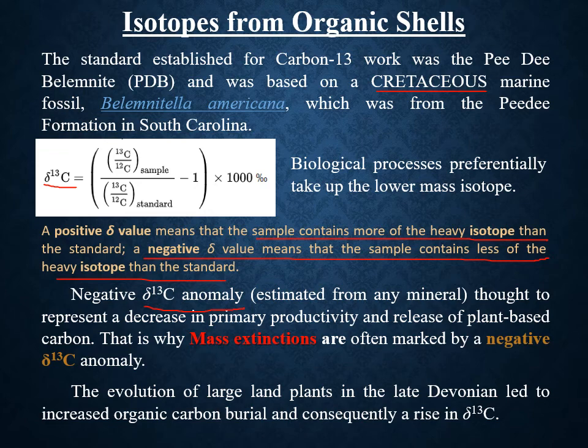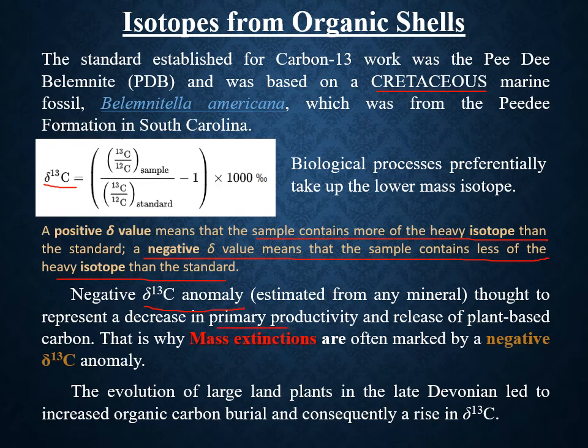Now if plants take a sufficient amount of lighter carbon, then automatically the rest of the environment will be enriched with heavier isotopes, that is 13C. So to get the environment enriched with lighter isotopes, there has to be a lesser amount of plants available, that is, primary productivity should be low.